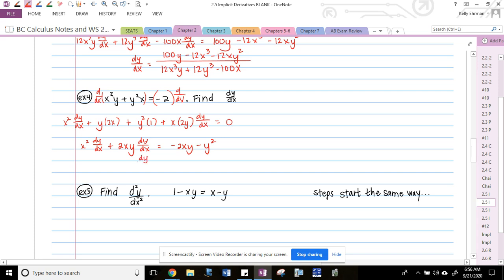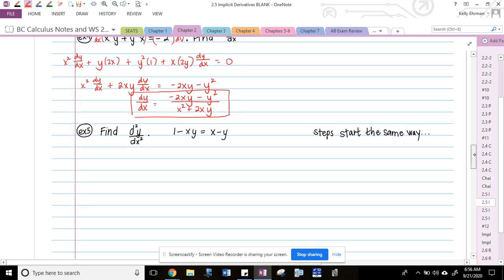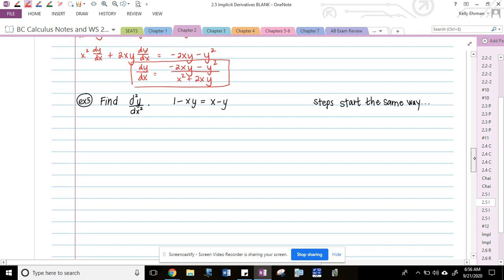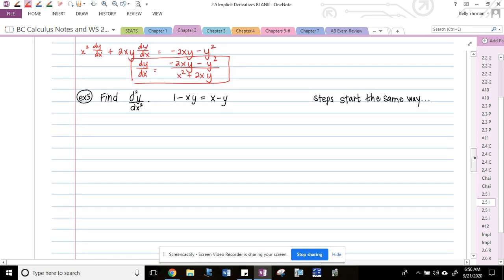And when I factor out a dy dx and divide, I have negative 2xy minus y squared over x squared plus 2xy. Again, you could maybe factor out a negative y from the numerator. It's not going to help you cancel anything, but you might need to look for equivalent answers if it's multiple choice.